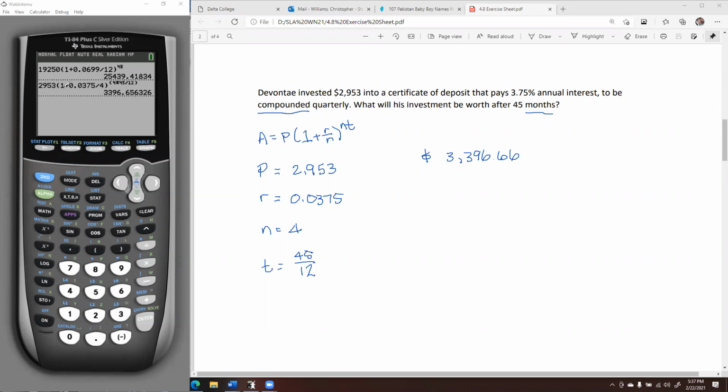So this is what his investment will be worth after 45 months. Now that's just a little bit short of 4 years. All right. Cool deal. Moving on.